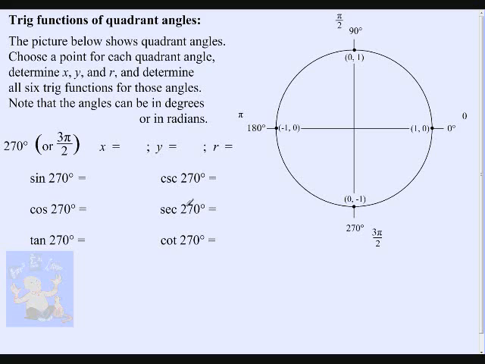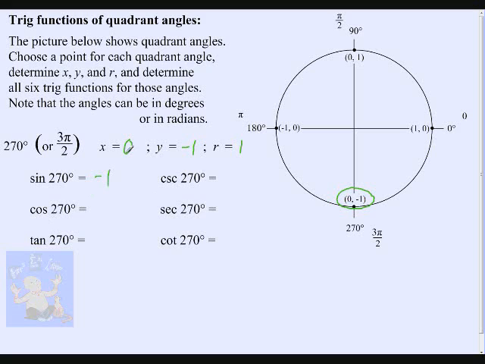270. All right. Or 3 pi divided by 2. I should be mentioning that. There is our x and our y for this. So our x is 0, our y is negative 1, and r, as always, 1. Okay, so the sine, y over r, is going to be negative 1.